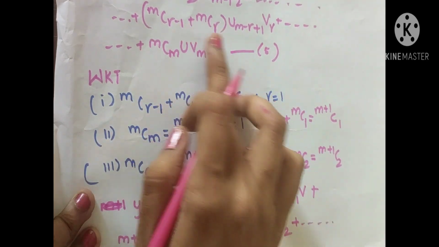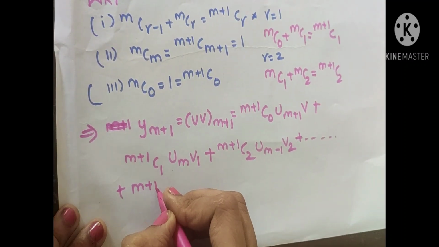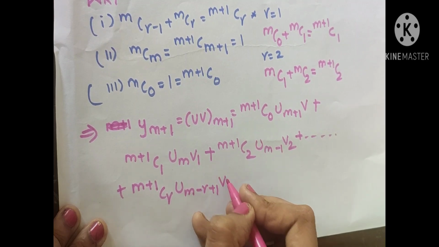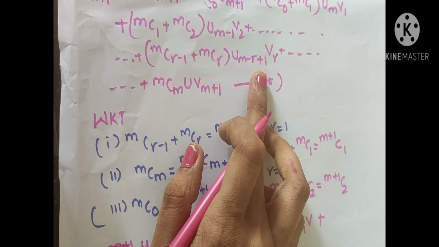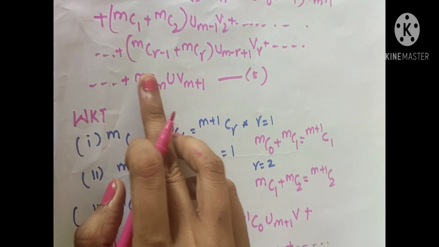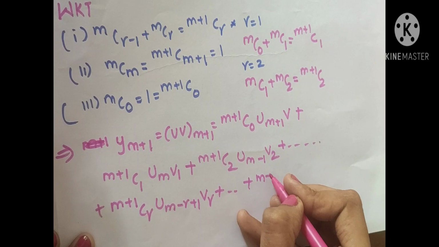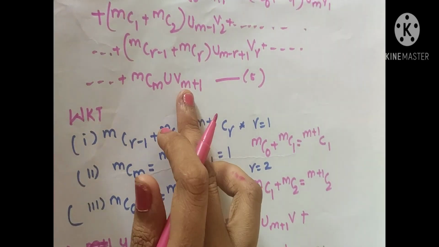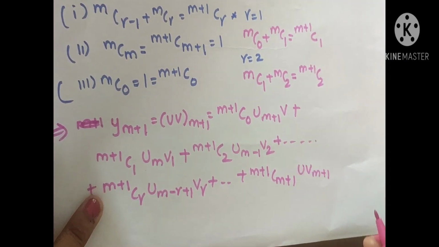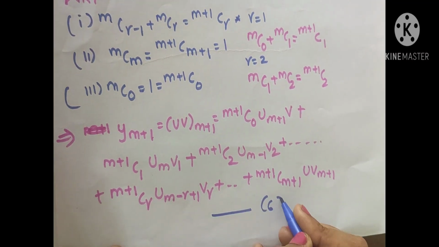So instead of this I can write (m+1)Cr times u^(m-r+1) vr, keeping that as it is. Next one is mCm. So mCm can be written as what? (m+1)C(m+1). So just write down (m+1)C(m+1), and keeping this term as it is, u v^(m+1). Consider this as equation 6.